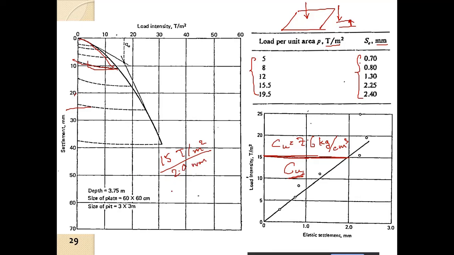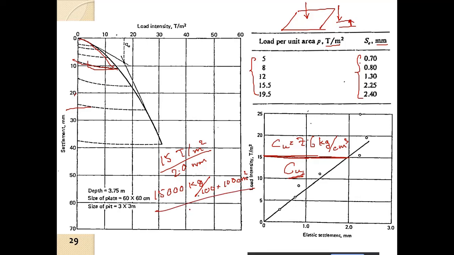So 15 ton is 15,000 kg, and a meter square is 100 into 100 centimeter square.